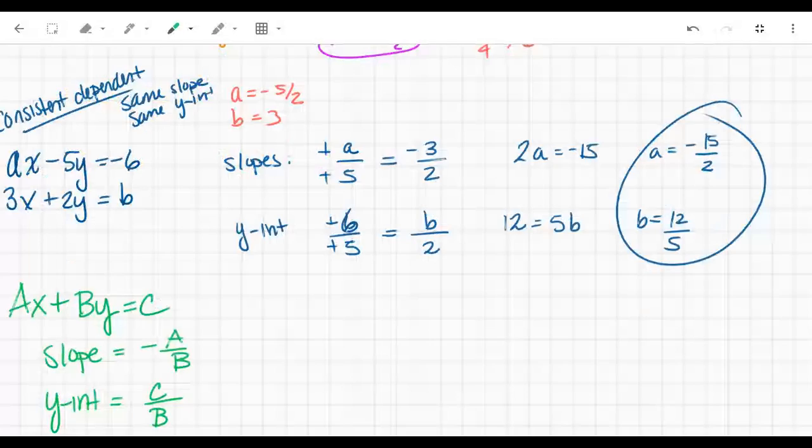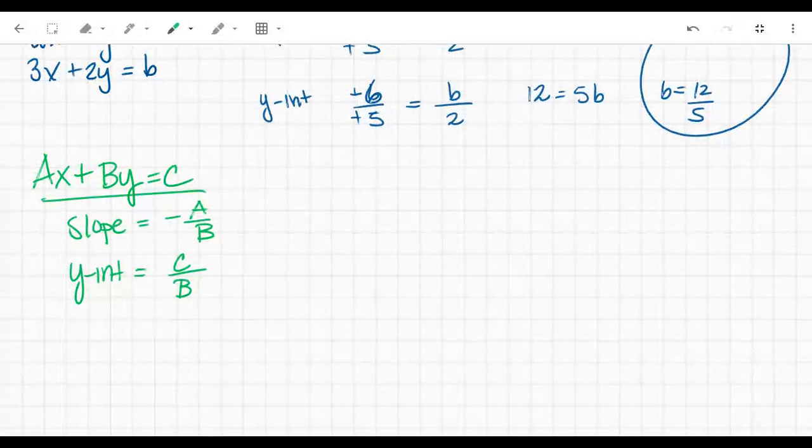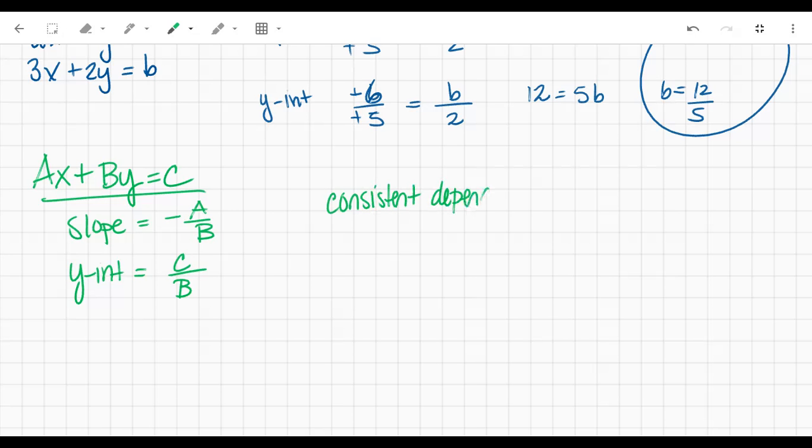If they are what we call consistent dependent, they have to have the same slope and the same y-intercept. They're the same line. If they are what we call, let me just get the terminology that they use here, inconsistent.